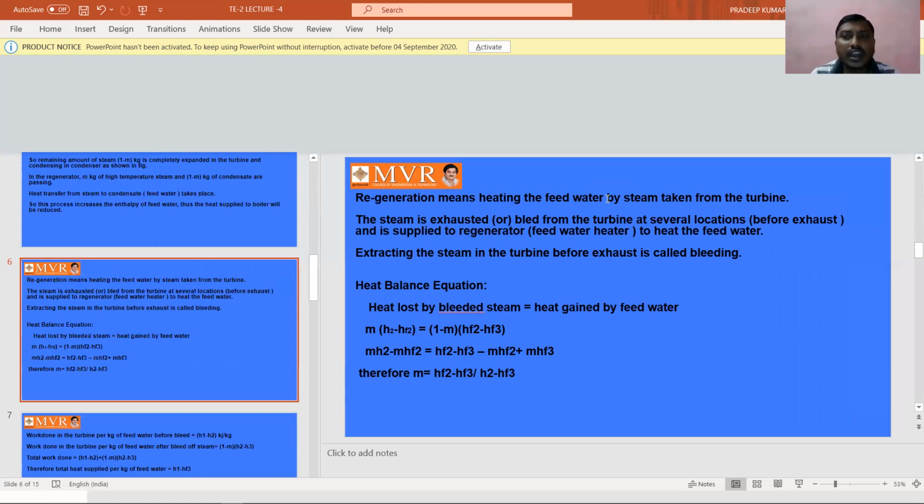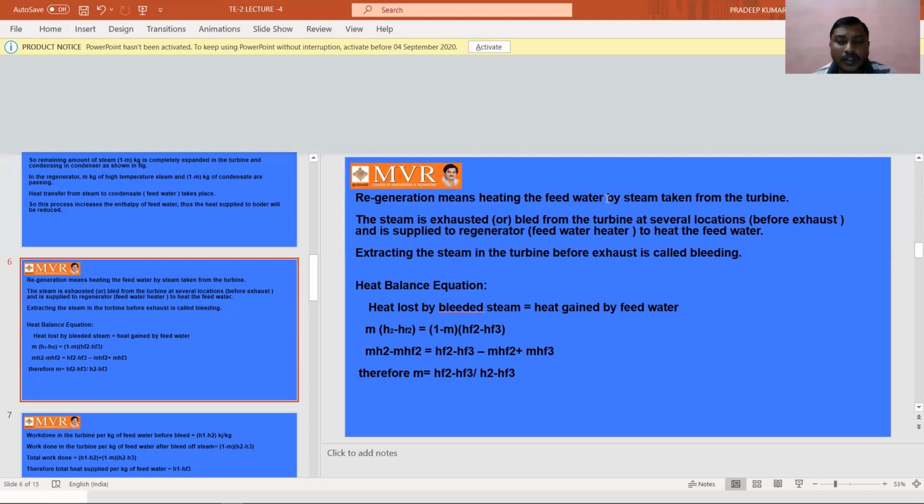Simply, as I have explained from the diagram, the superheated steam which enters the turbine from the boiler, before expanding fully, some of the steam is exhausted for heating the feed water coming from the condenser to the pump.